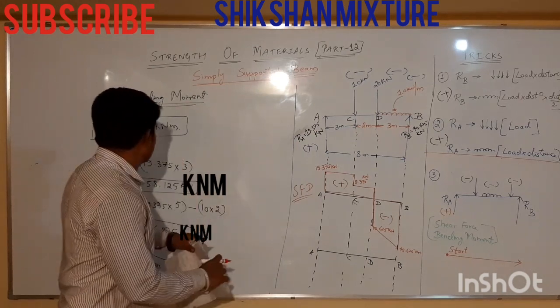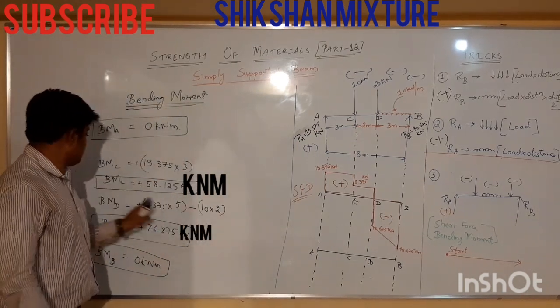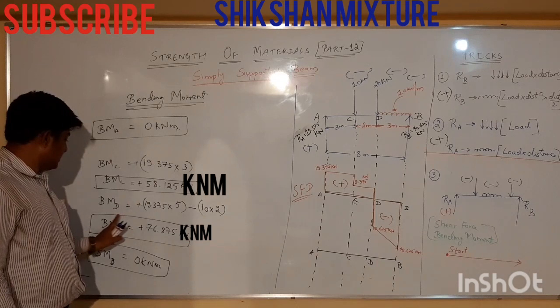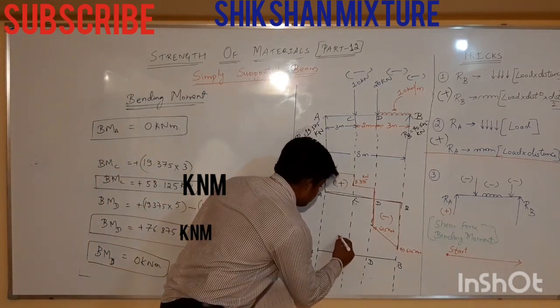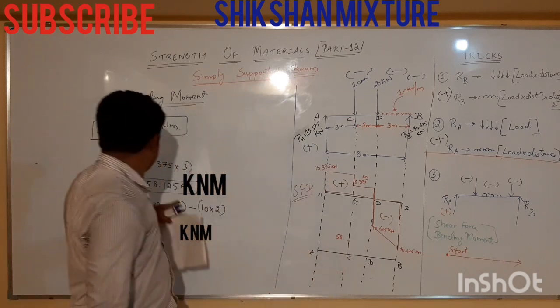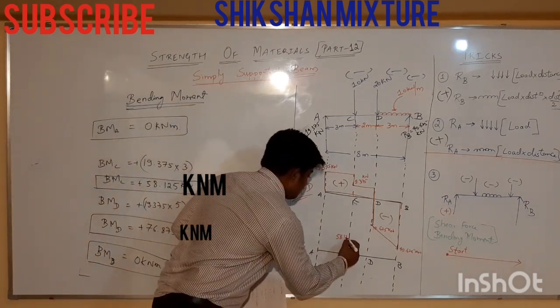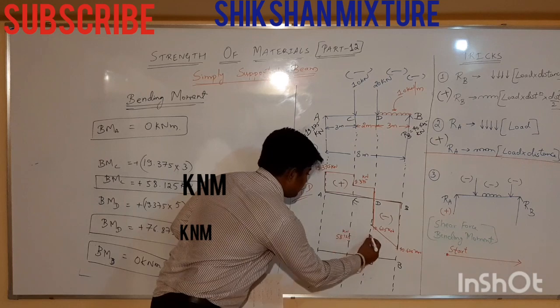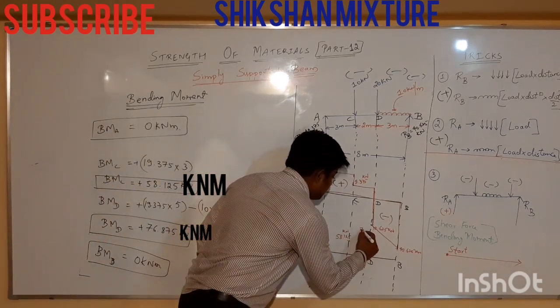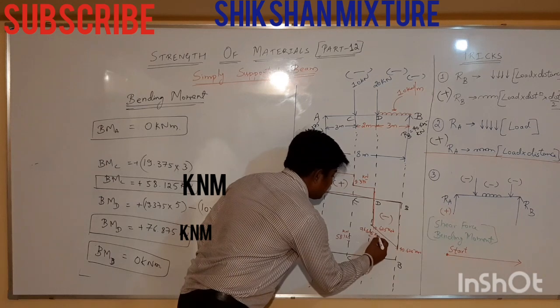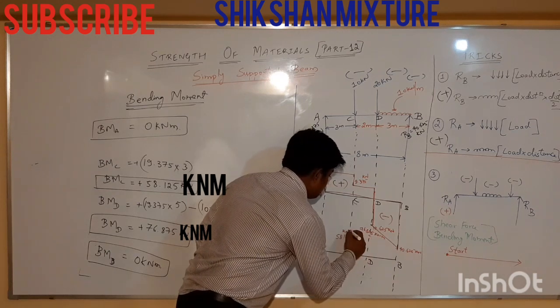And for the bending moment, 0 and 0. At C it is 58.125 kilonewton meter and at D it is 76.875 kilonewton meter.